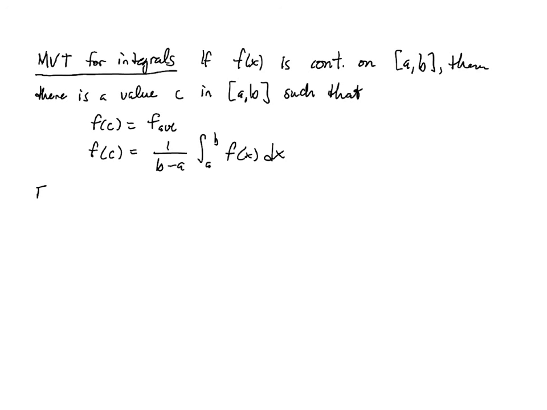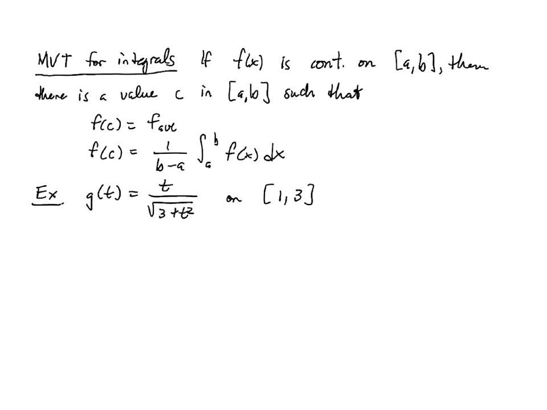So for example, with our previous function, g of t is t over the square root of 3 plus t squared on the interval 1, 3. This is a continuous function. The denominator, 3 plus t squared, is always positive, so the square root is always positive.